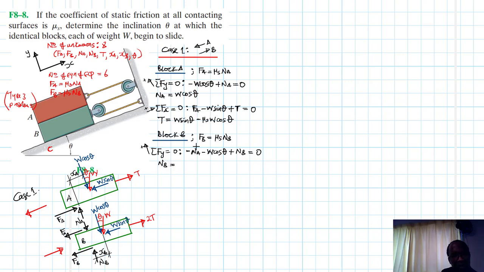What is our NA? Our NA is W cos theta. So this becomes W cos theta. Alright. Plus our NB. What is our NB?